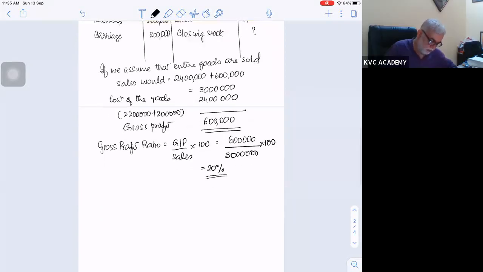Okay. Now, closing stock at selling price. How much is that? 6 lakhs. Less gross profit at 20%.